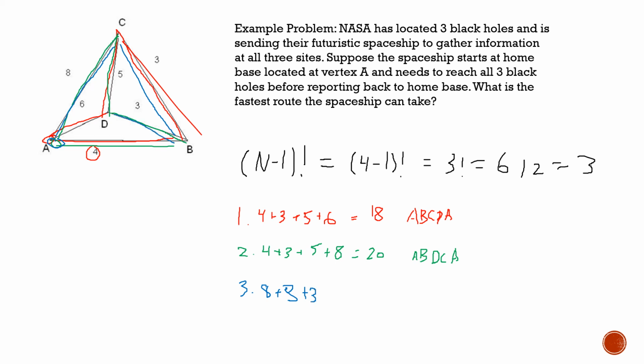And for D, we can complete the circuit by going back to A, plus 6. That circuit has a weight of 20, so circuit A, C, B, D, A has a weight of 20. By comparing all the circuits, we can see that circuit A, B, C, D, A has the least weight, and therefore it will be the optimal path to take.